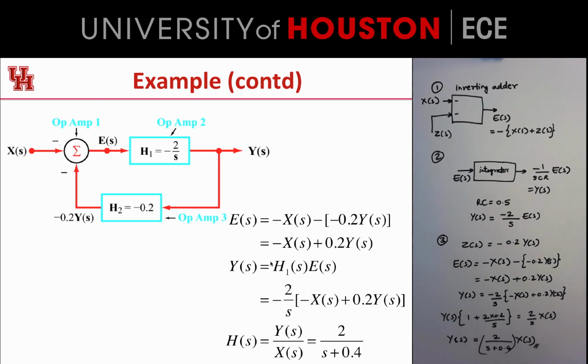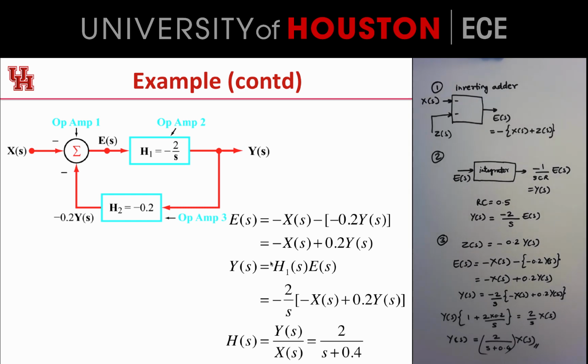And once we recognize these patterns, we know what these circuits do. And since the output of an op-amp can put out any amount of current, we can treat each of these op-amps as three different individual entities. And then we can use the properties of the Laplace transform to combine these systems into more complex systems.